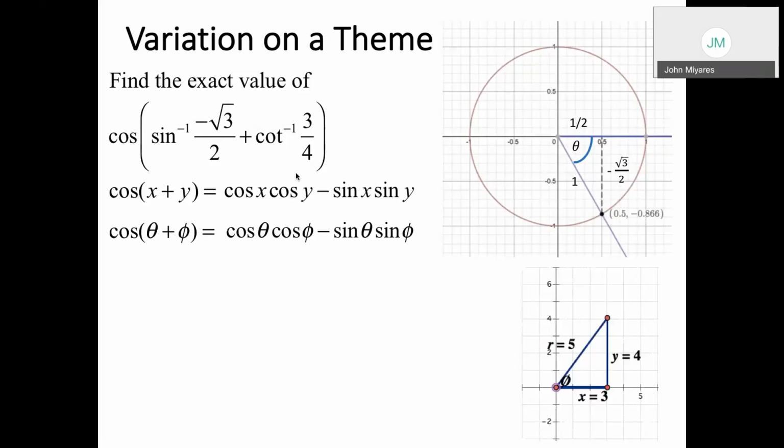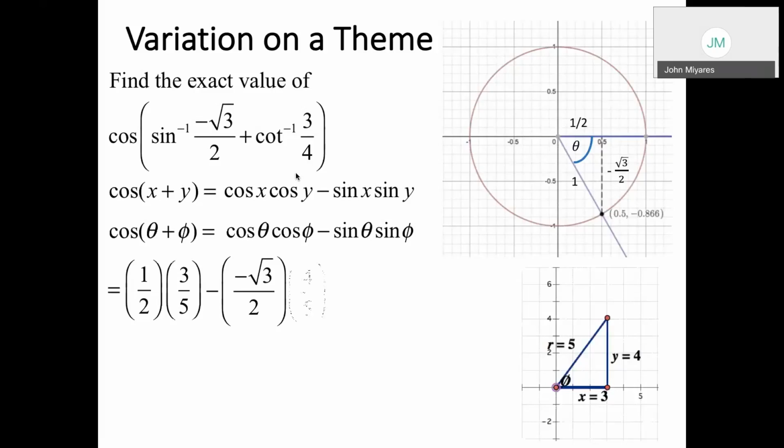Now, the values of each of these expressions can be taken directly from these reference triangles we've constructed here. The cosine of theta will be 1/2. The cosine of phi is 3/5. Minus the sine of theta, which is the negative square root of 3 over 2, times the sine of phi, which is 4/5.